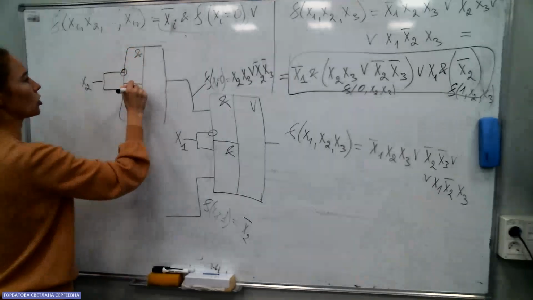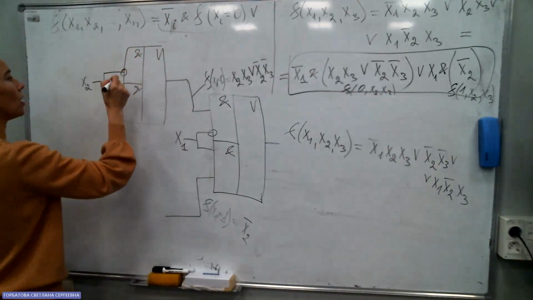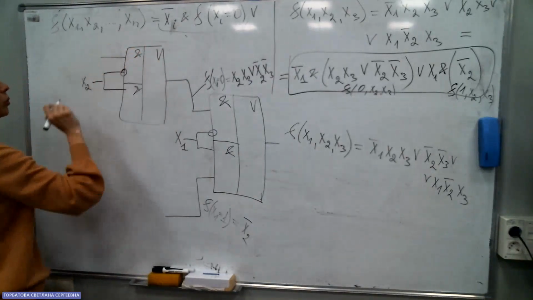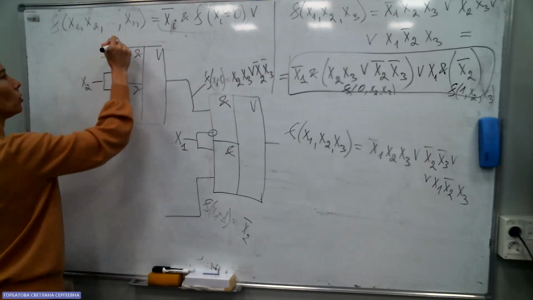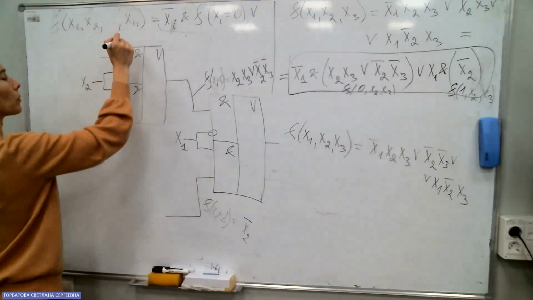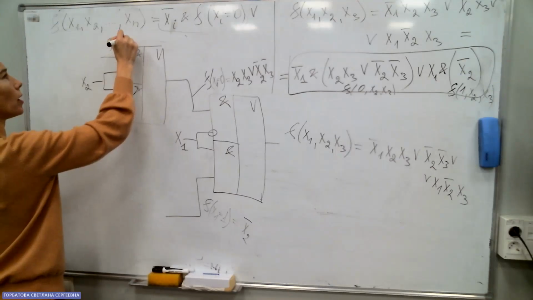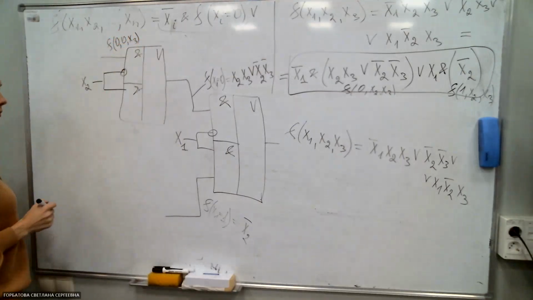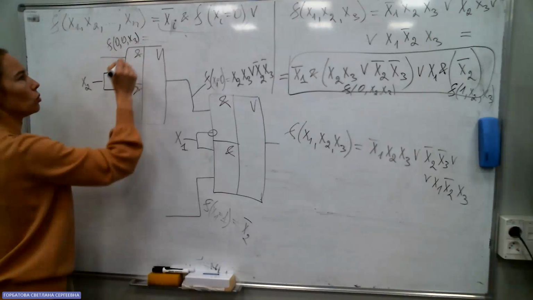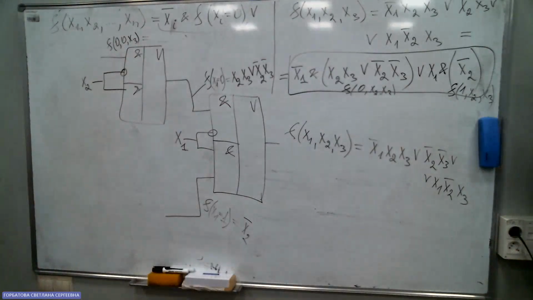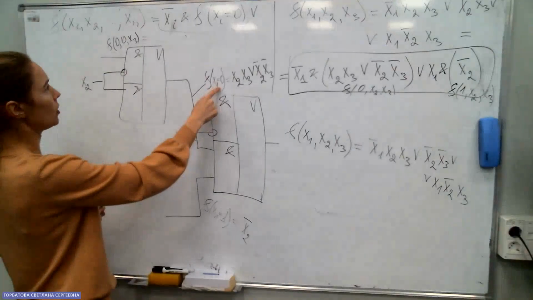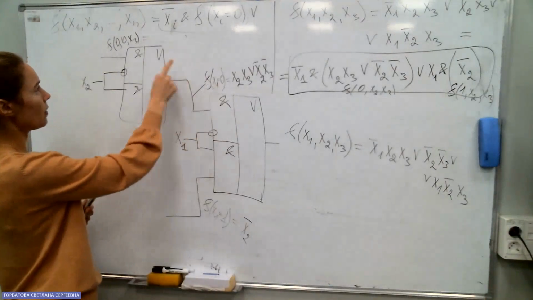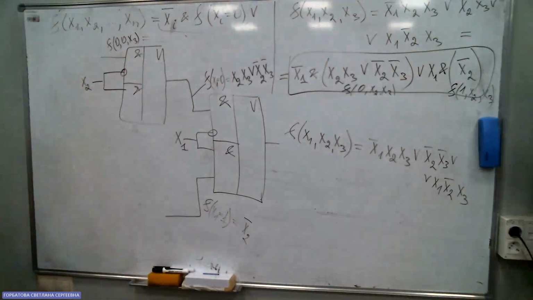So conjunction, disjunction, and here will be f of 0, x3, which is f of 0, x2, x3.